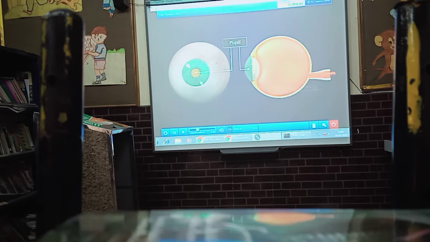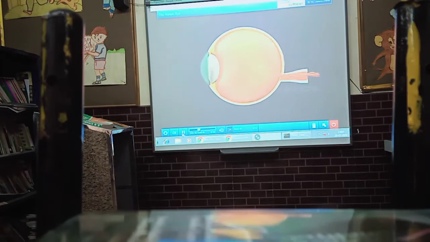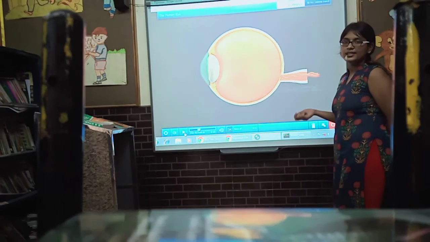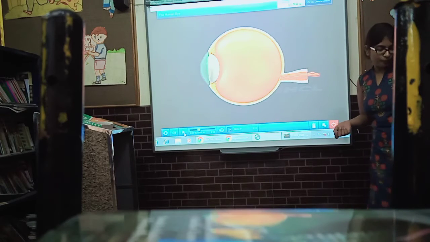See, what is this round opening called? It is called pupil. The pupil controls the amount of light entering the eye by changing its size. Pupil will control the amount of light that is entering your eye by changing its size. Is it clear to you?